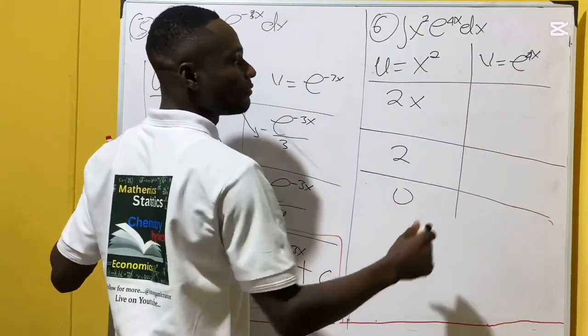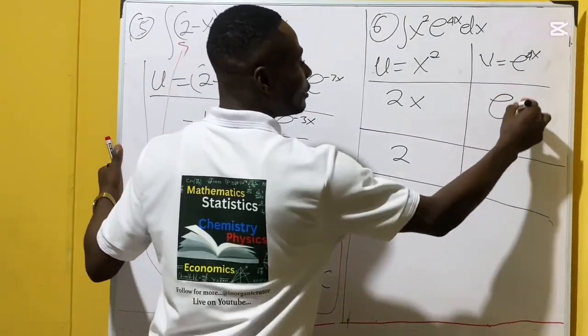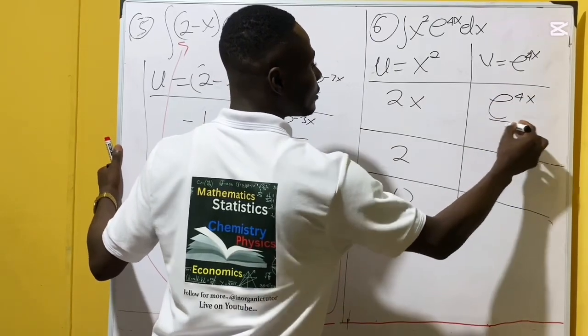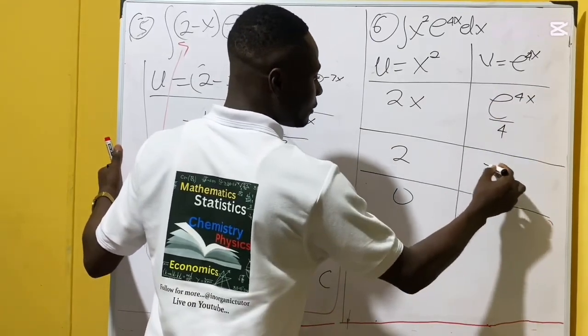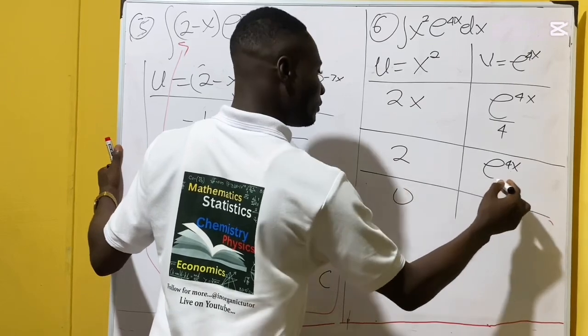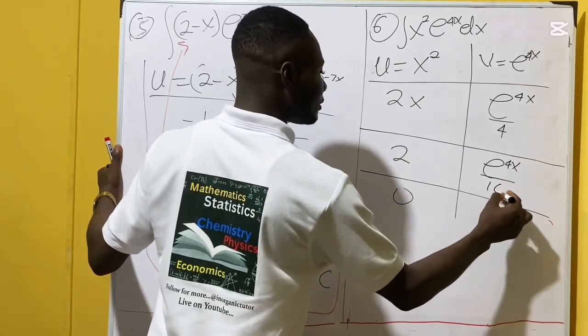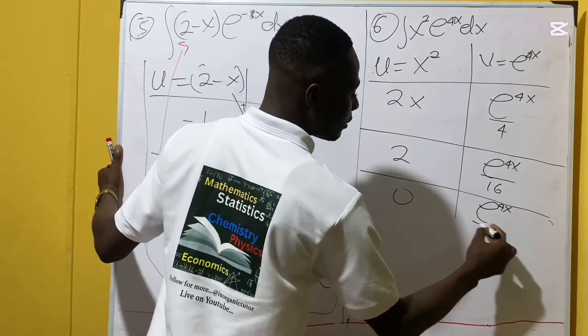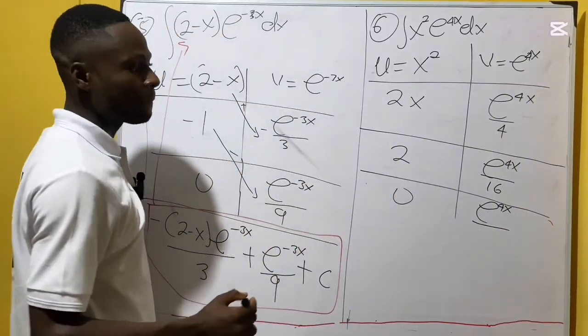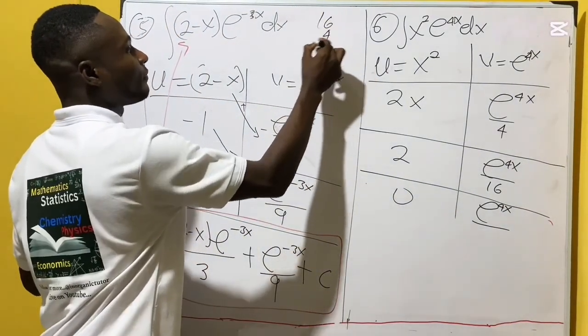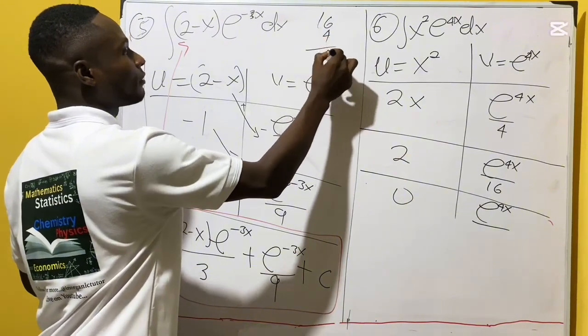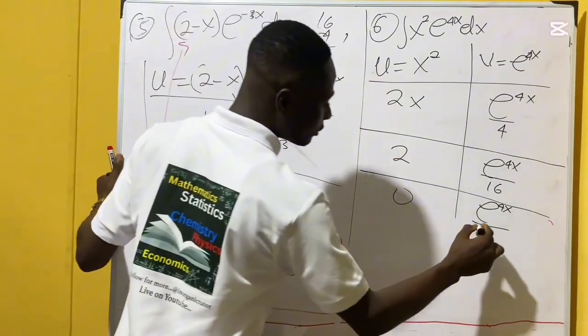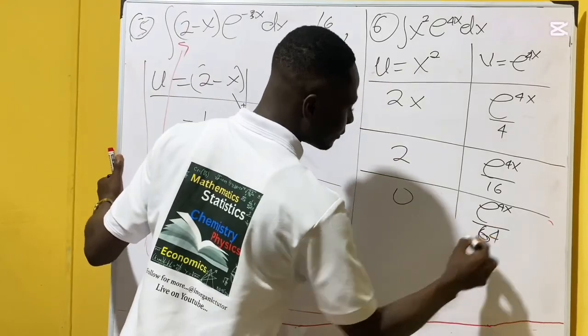The integral of e power 4x, you have this. Go again, over 16. Then 16 times 4, 64. So we have 64 right here, right?